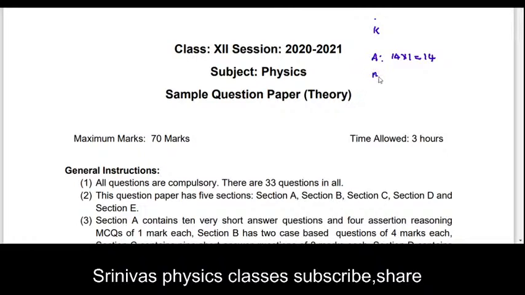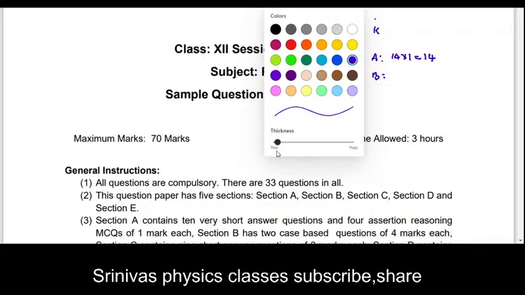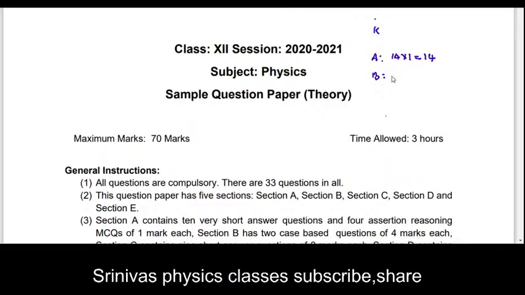In section B, we have two 4-mark questions, so you will get 8 marks. In section C, you have 9 two-mark questions. You will get 18 marks.